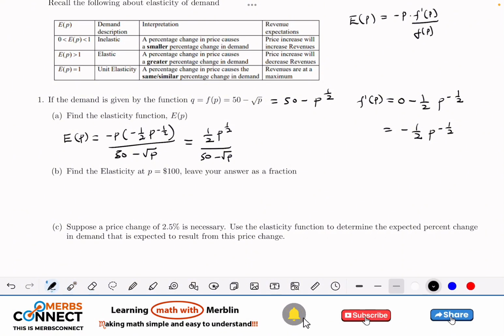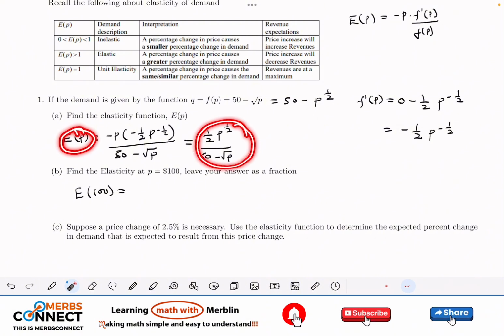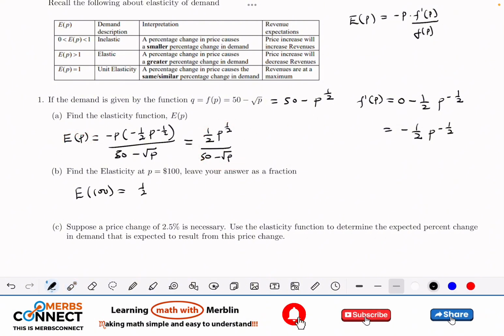Now the next question is, we need the elasticity at P equals 100. So E of 100 will be equal to, since we have this one here, we plug it inside this. So you are going to have 1 over 2, 100 to the power 1 over 2. Now we can write this one too as 1 over 2, P^(1/2) is the same as root of P, divided by 50 minus root of P. So I can write this one as half times root of 100, divided by 50 minus root of 100.